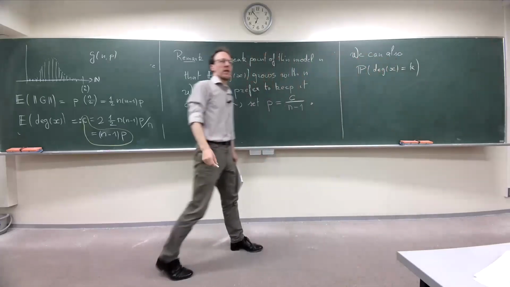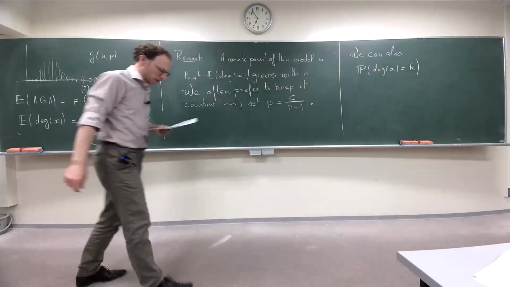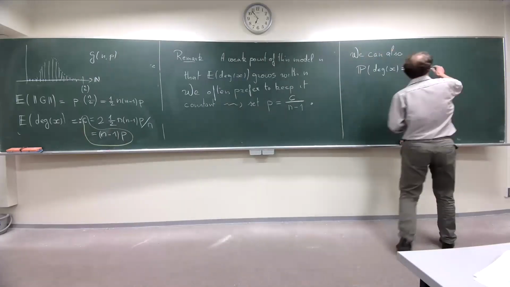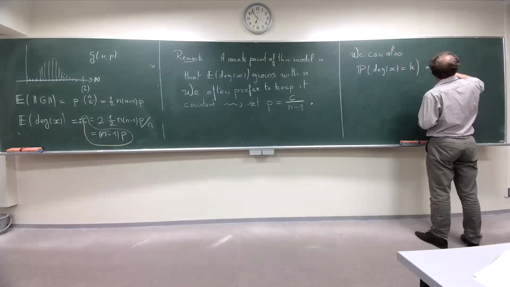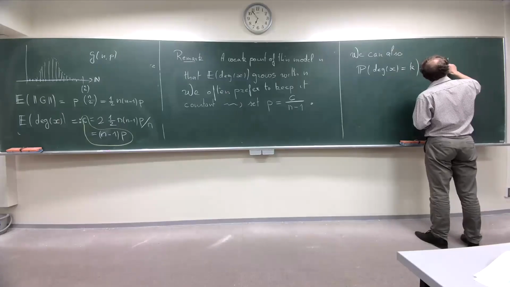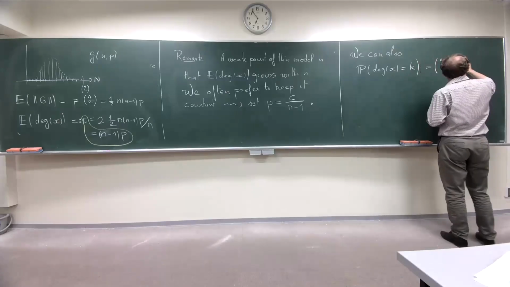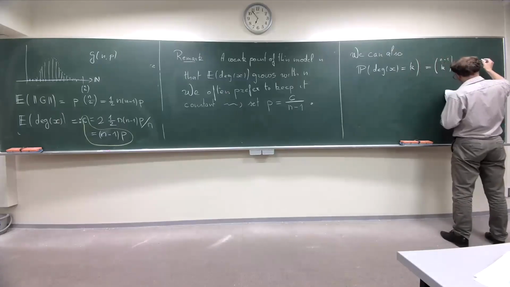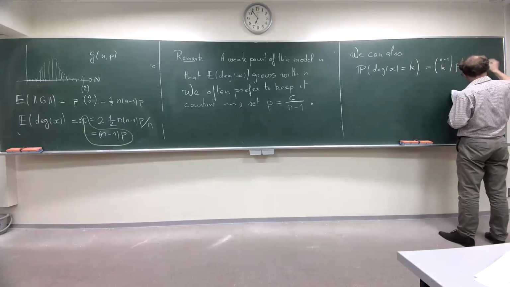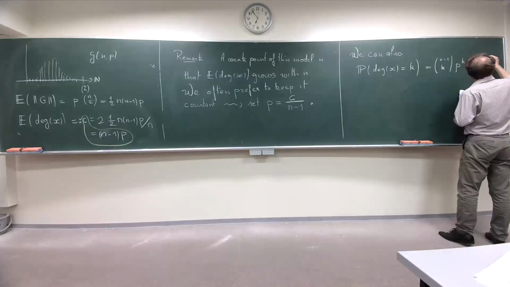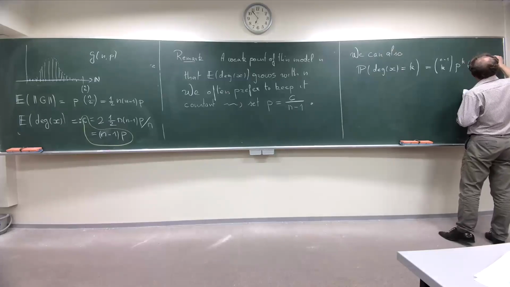So not only the mean value, but again, the distribution. I let you think about it, but it's the same as what we did at the beginning: n minus 1 choose k times p to the k times 1 minus p to the n minus 1 minus k.